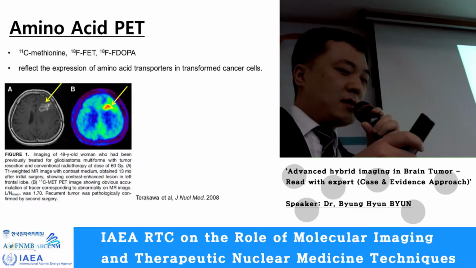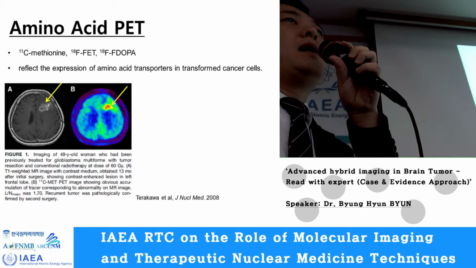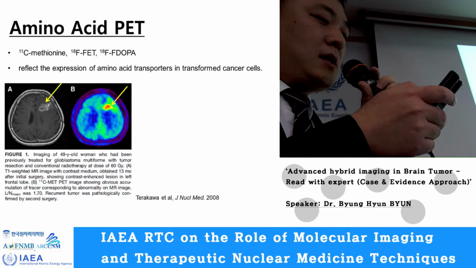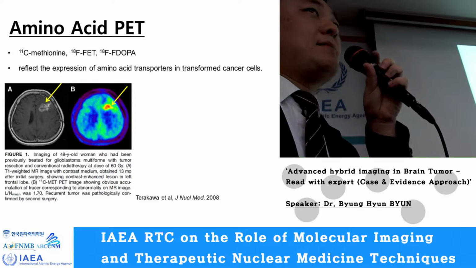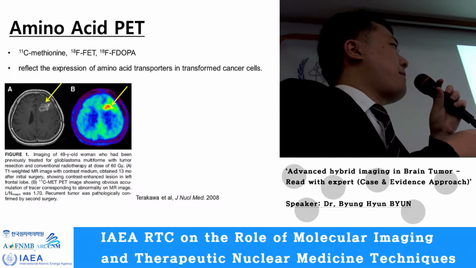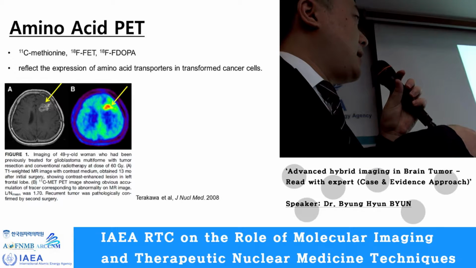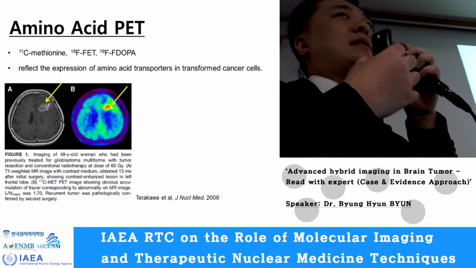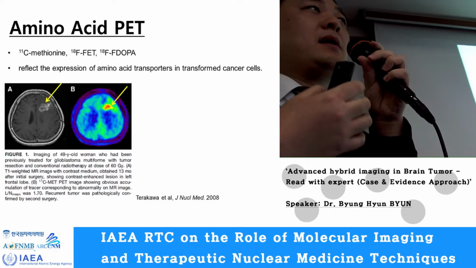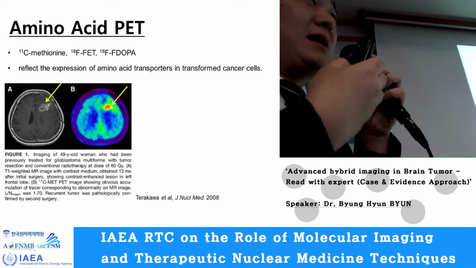So many researchers have studied other radiopharmaceuticals for imaging brain tumors. One example is amino acid PET. Examples of amino acid PET radiopharmaceuticals are C11-methionine, but the half-life of C11 is relatively short, about 20 minutes, so the usefulness of methionine PET is somewhat limited.